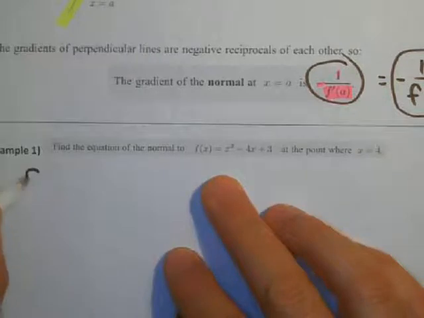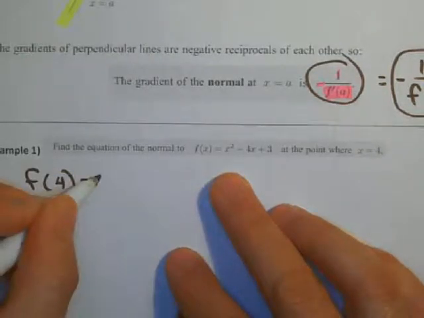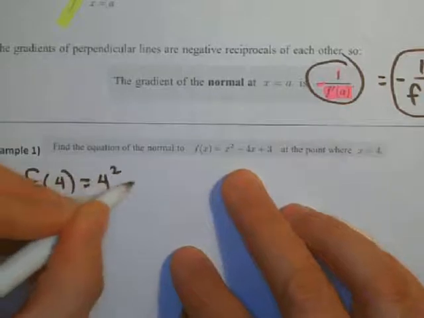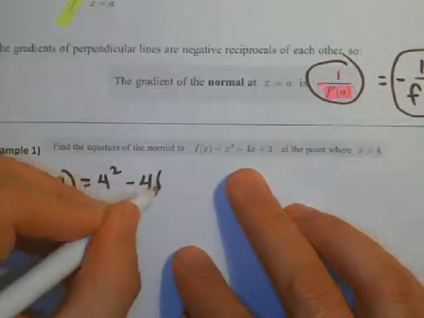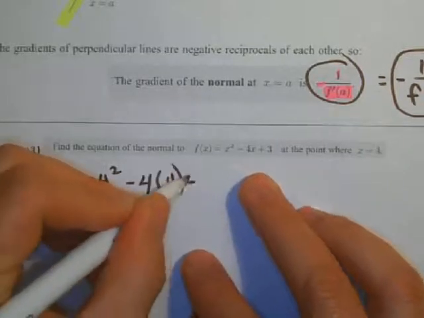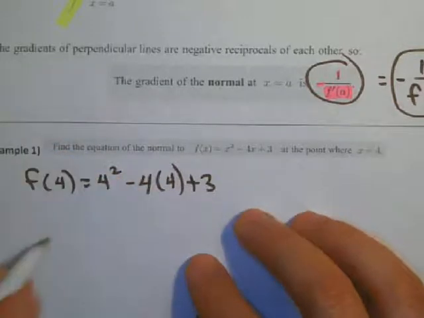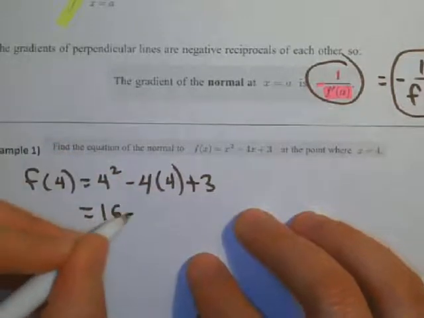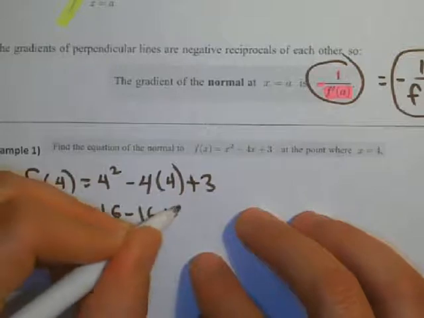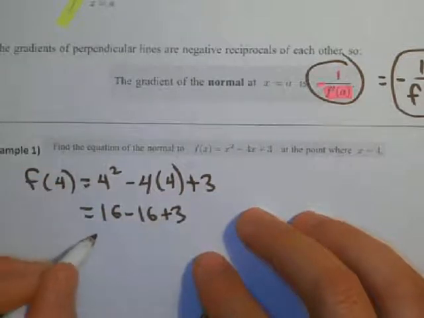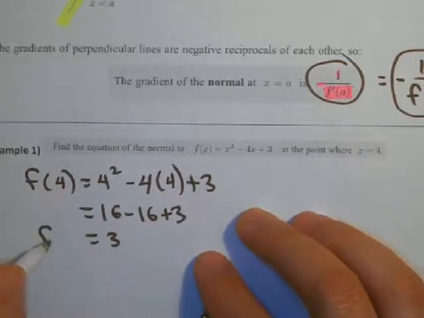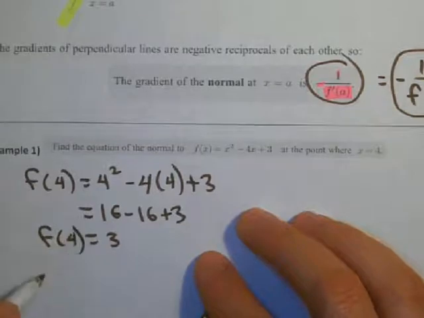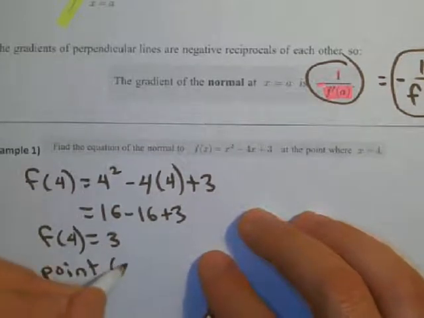So plug in 4 for x. Then I get 16 minus 16 plus 3, which equals 3. So we know our point is (4, 3).